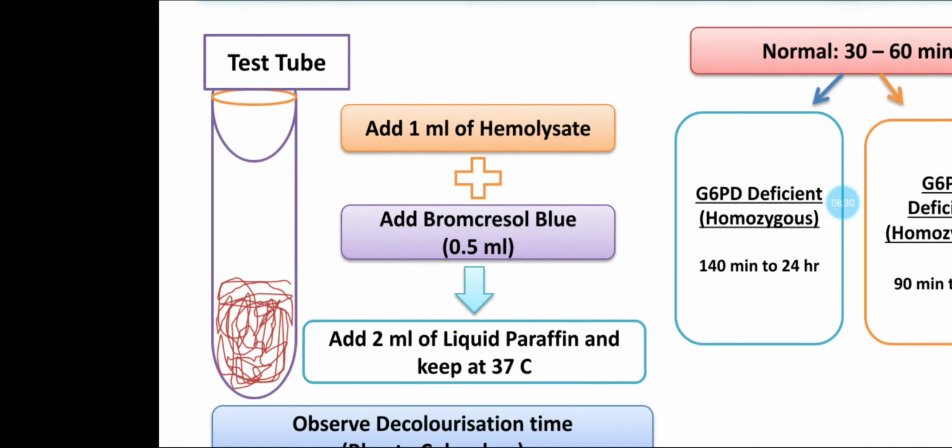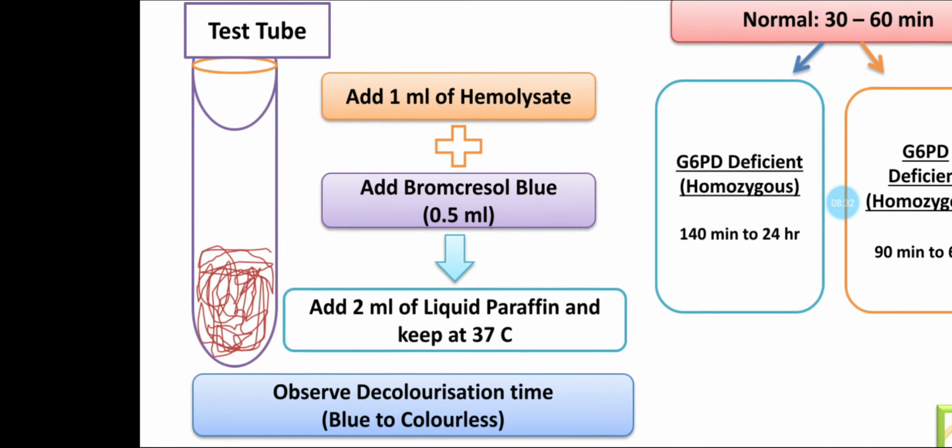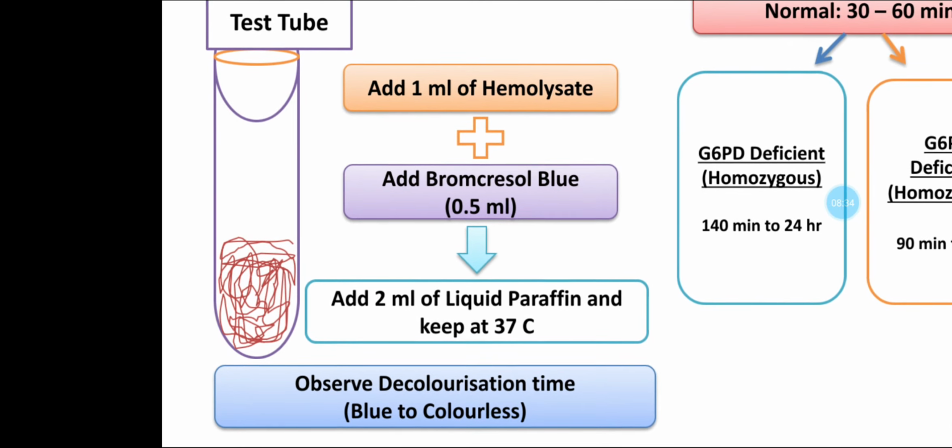We will take another test tube. To this test tube we add 1 ml of the hemolysate and 0.5 ml of the dye solution, and over this solution we add 2 ml of liquid paraffin and keep it at 37 degrees centigrade.